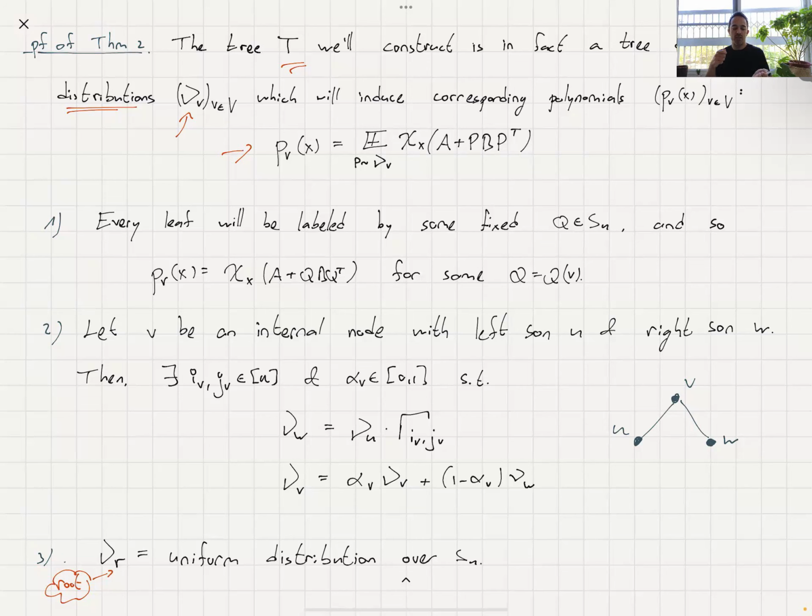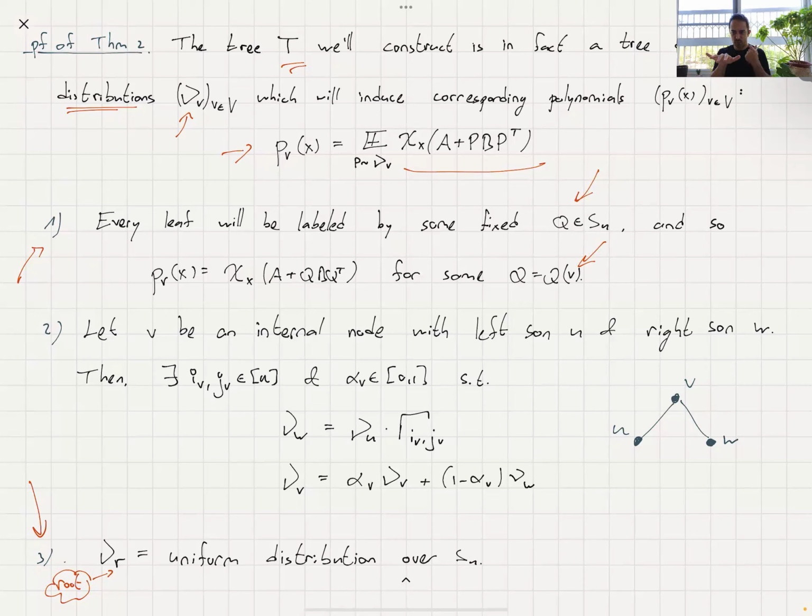You sample a permutation P according to nu v, and then you look at the expected characteristic polynomial according to that distribution. Hopefully at the root, nu root will be uniform. That's actually number 3. Let me start with number 1. The first thing is that for every leaf, the distribution is going to be constant, with probability 1 fixed on one particular permutation that depends on the vertex that we are looking at.